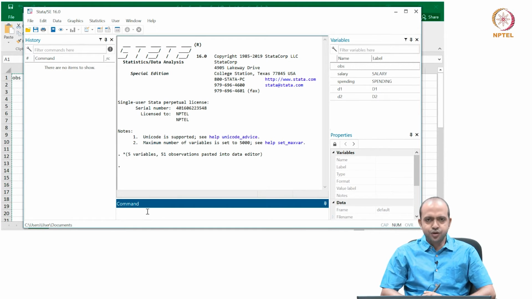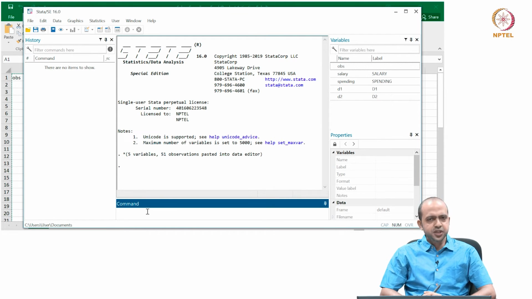The data set I am going to use is also available in your textbook, Damodar Gujarati's Introduction to Econometrics. This particular example is basically the data on primary school teachers' monthly salary taken from different states of the US.